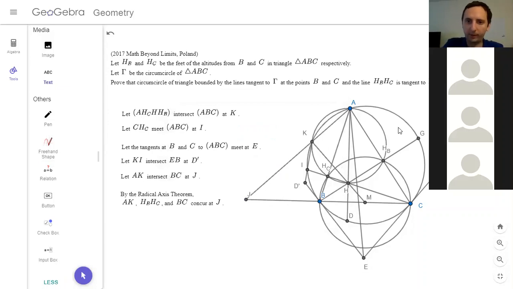And then we could apply Pascal's. So we're applying Pascal's on AKI BCC.